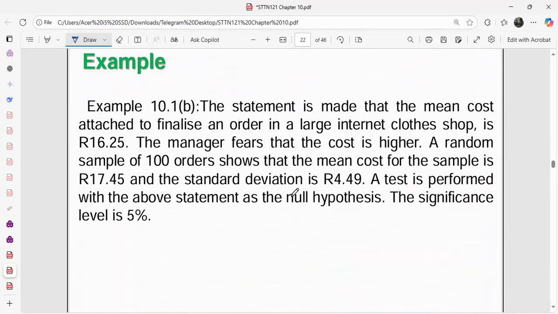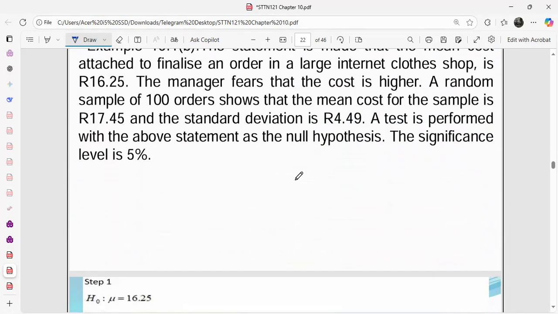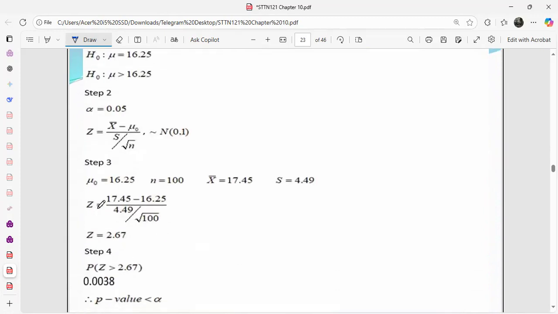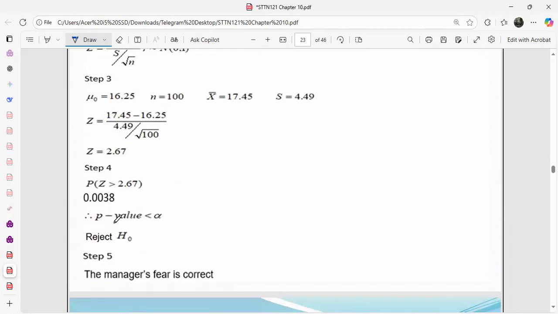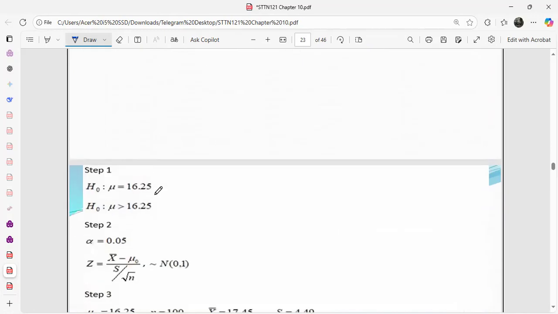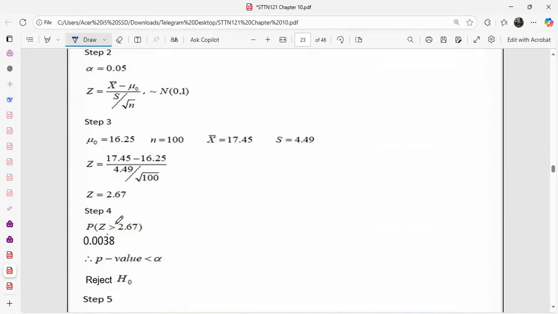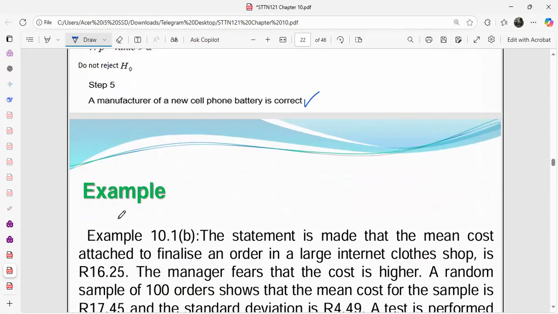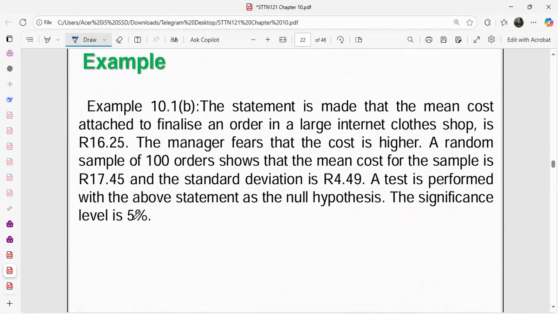Okay, let's go to the second example. I want the one where the n is less than 30, because even this one is still the same thing. I've showed you how to do this. The only difference is the alternative and the null hypothesis.